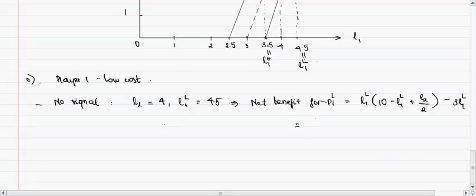So L1 low is 4.5: 4.5 times (10 minus (4.5 plus 4) divided by 2) minus 3 times 4.5, and that is going to give you 20.25.